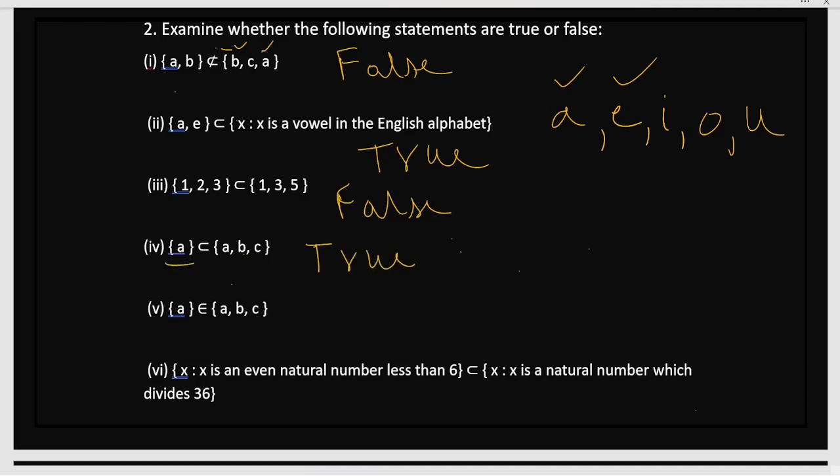The set {a} is a subset of {a, b, c}. Okay. So next one, here this set {a} belongs to {a, b, c}. There's a difference between subset and belongs to. This is belongs to, as an element. Is this set present in the second set? No, because there is a difference: this is a set, this is an element.